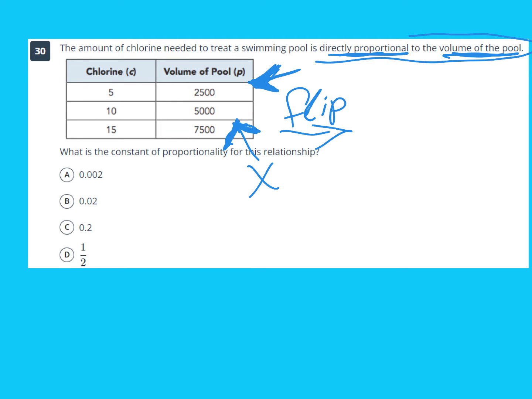So this is when we have to be careful of the language, specifically that word "to" right there. So we're going to flip it around so that our X, which in this case is the volume, is on the left.